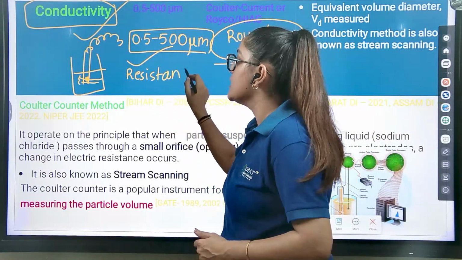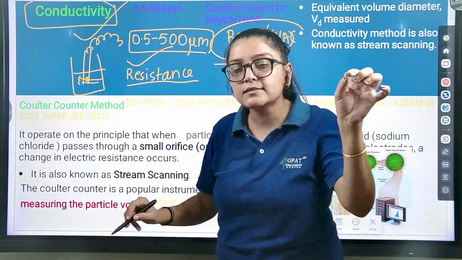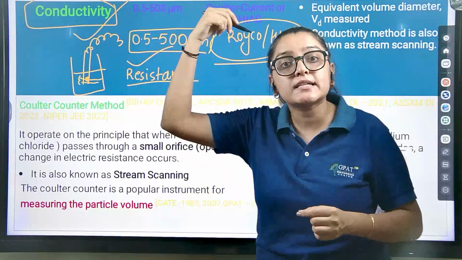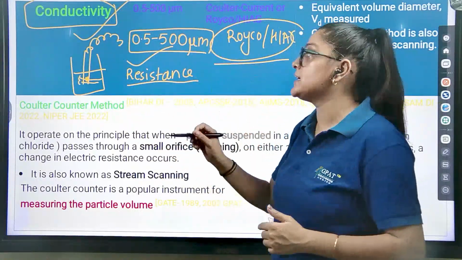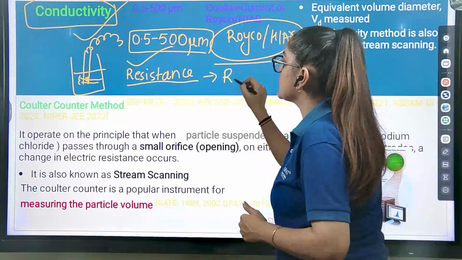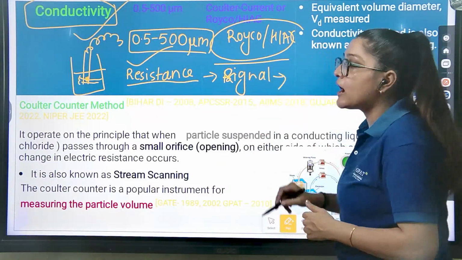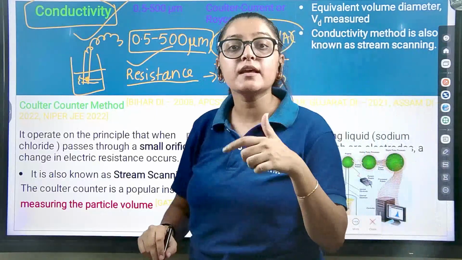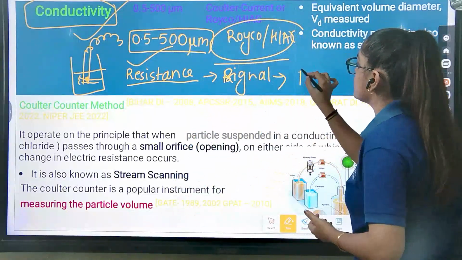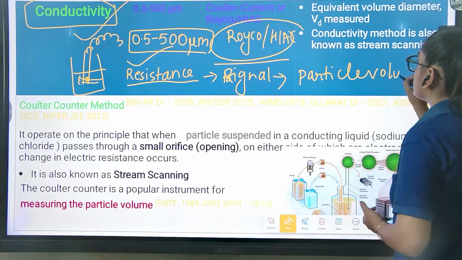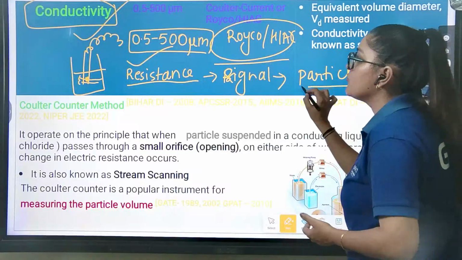Mark my words. As soon as the particle passes through the little orifice, there will be a change in the electrical resistance. That change in the electrical resistance will be received as a signal of particle count, that how many particles have been counted. But in this case, we get a determination of particle volume. The final result we achieve is the particle volume.